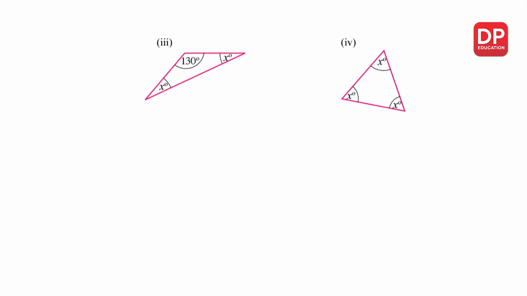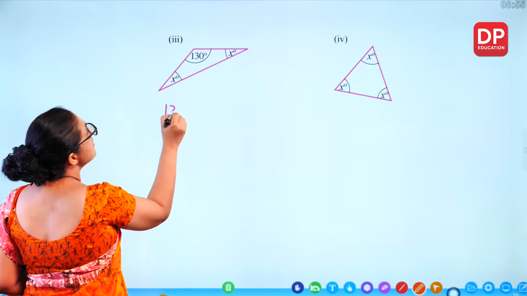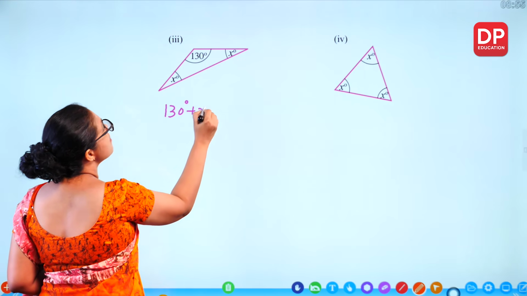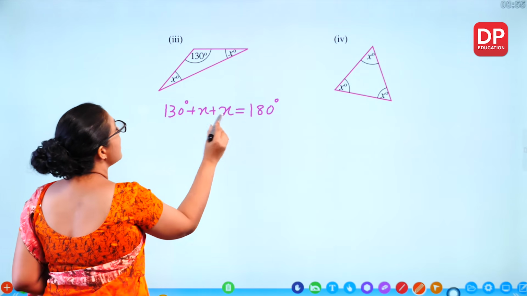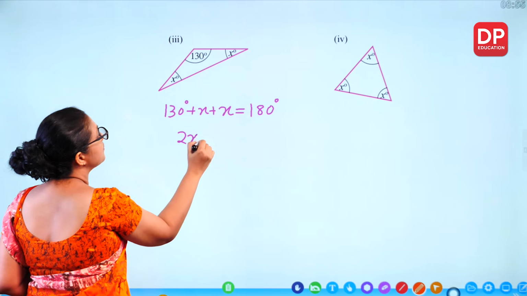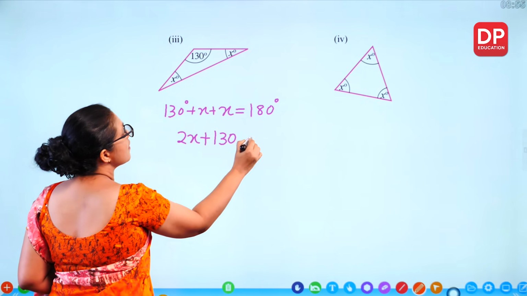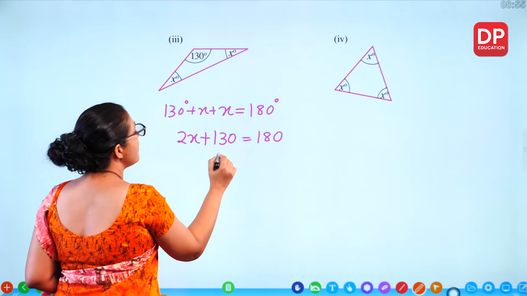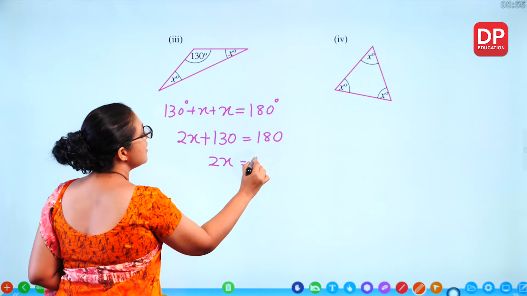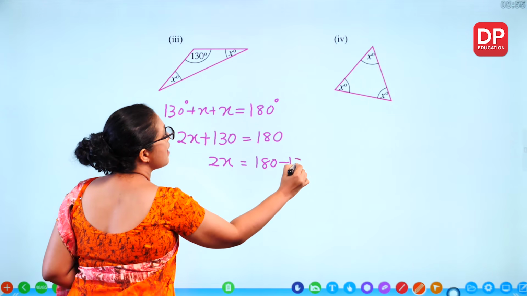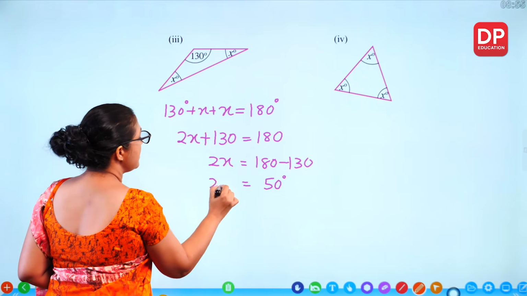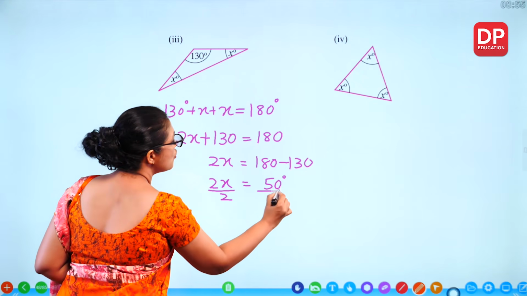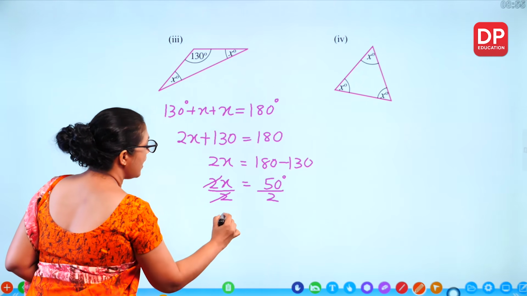This one, an obtuse angle triangle. 130 plus x plus x is 180. X and x becomes 2x. And when you take 130 to the other side, you get 180 minus 130, that's 50 degrees. When you divide this by 2, you get x value.